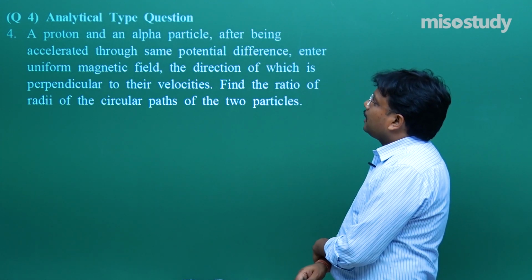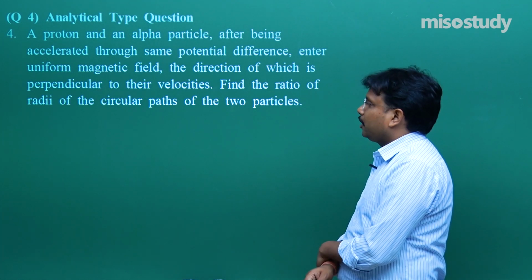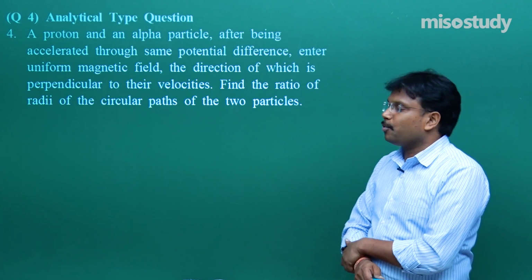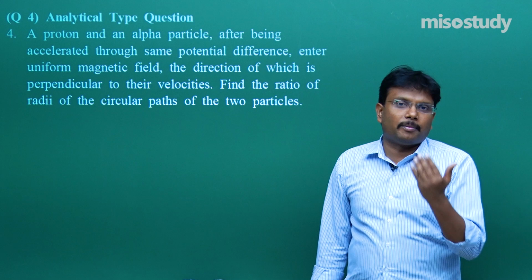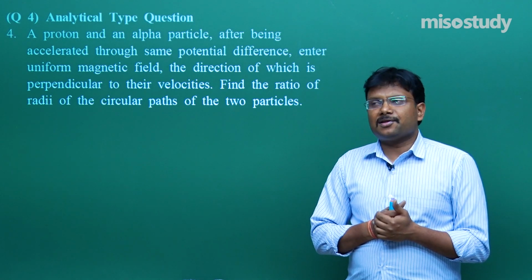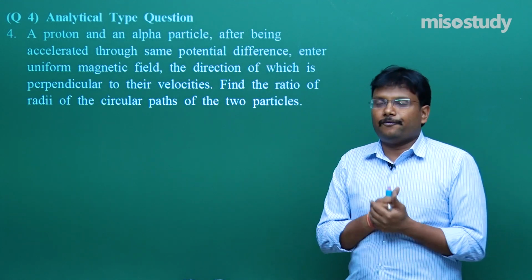A proton and an alpha particle after being accelerated through the same potential. Now the moment I start this explanation, proton and alpha particle, then at least 1-2 basic facts should come to your mind. Fact number 1, proton, okay, the mass of the alpha particle is 4 times more, fine.